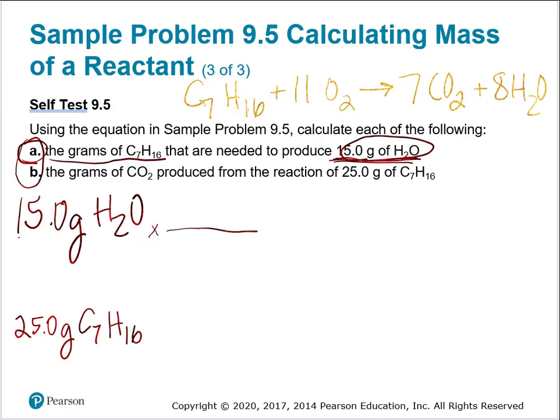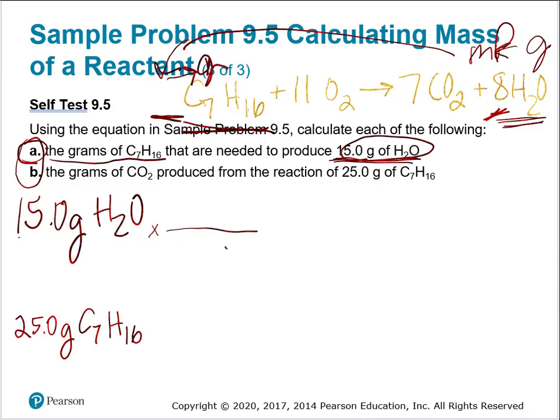We need to develop a plan to get from grams of water to grams of C7H16. So if we've got grams, we need to get to moles using the molar mass. Then we need to do our mole to mole ratio. 8 moles of water to 1 mole of C7H16, and then go from moles to grams.